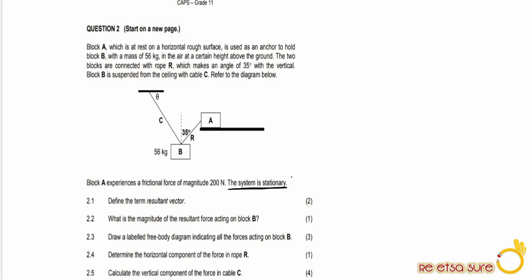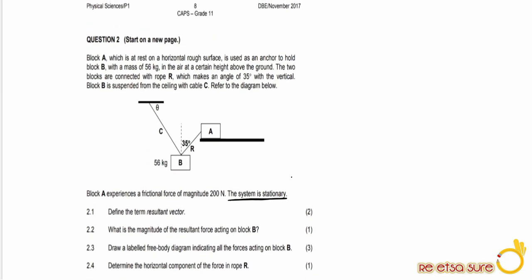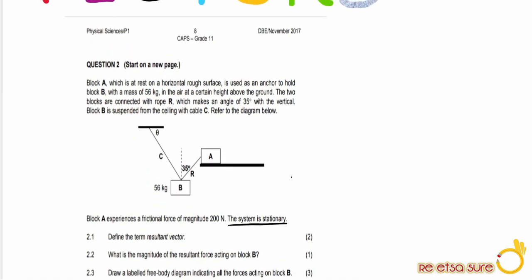And for the fact that the system is stationary, it simply tells us that the acceleration of the system is 0. And when the acceleration of the system is 0, it tells us again that the F net of the system is 0.